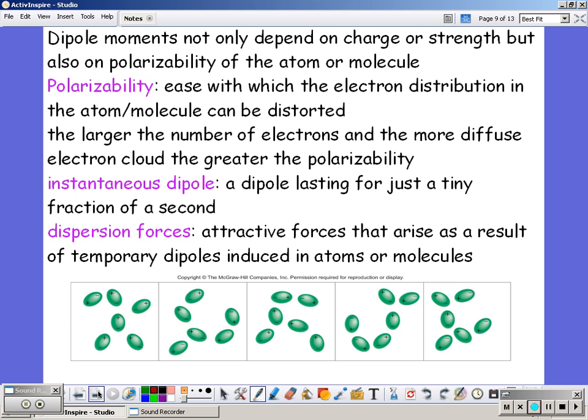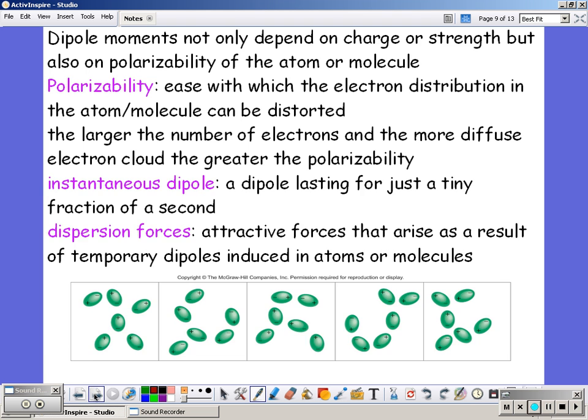That's what happens in a nonpolar molecule: your electrons might be over here causing a dipole, and then in the next split second, they're on the other side causing the opposite dipole. Dispersion forces are the attractive forces that arise from this temporary dipole. Here you can see a snapshot of a nonpolar molecule and how the instantaneous dipole can change.